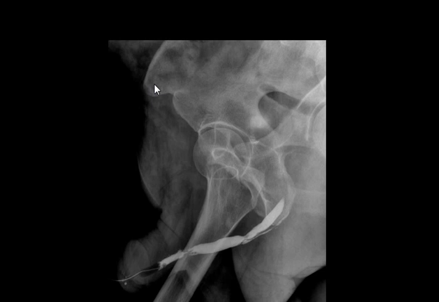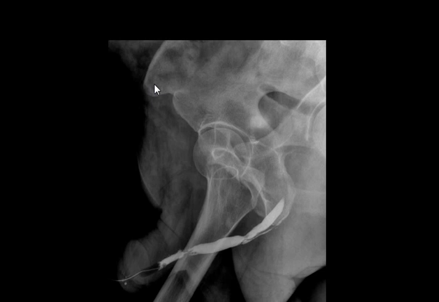What kind of contrast do you use, barium or water soluble? Barium is used in GIT. What kind of contrast will you use in a urethrogram? Water soluble.